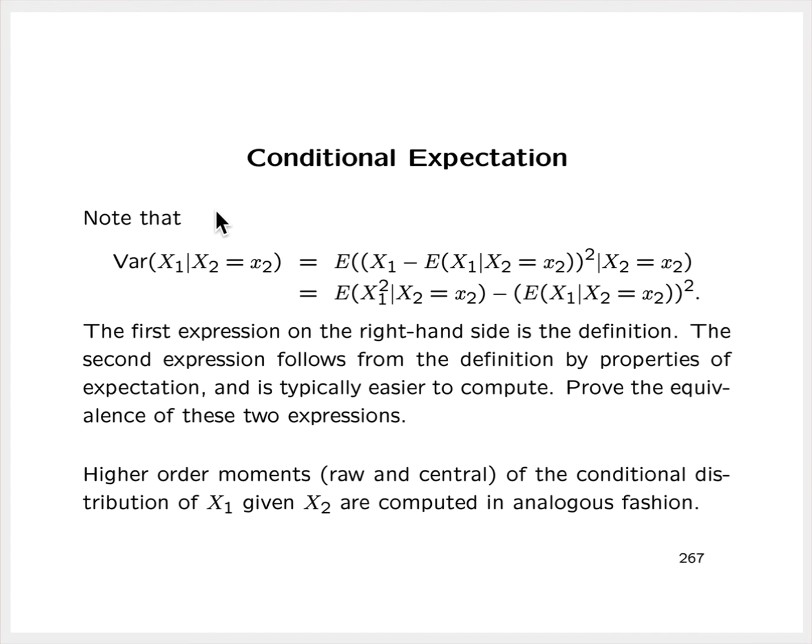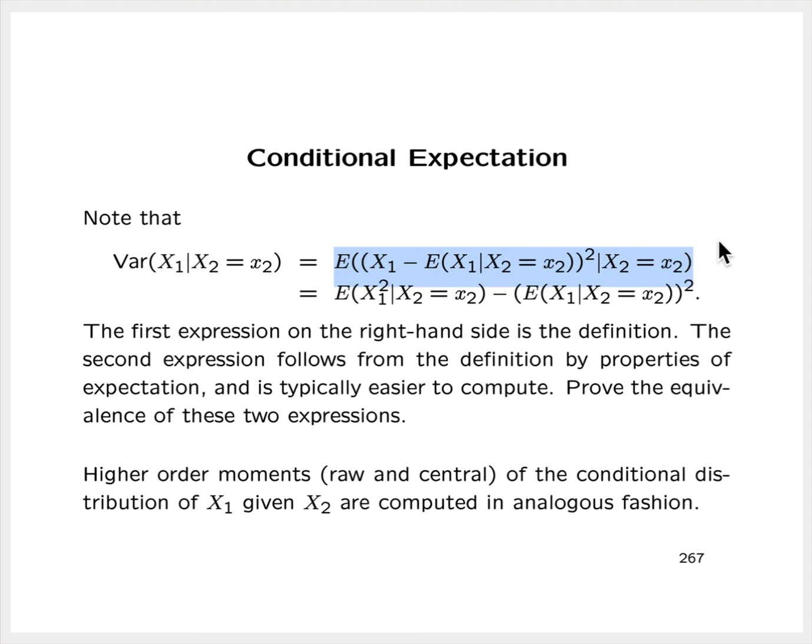Now, I just want to point out that in the same way that there's a shortcut formula for the variance of a univariate distribution, there's also a shortcut formula for the conditional variance of x1 given x2. Here we have the notation for the variance of the conditional distribution of x1 given x2, also read as the conditional variance of x1 given x2.